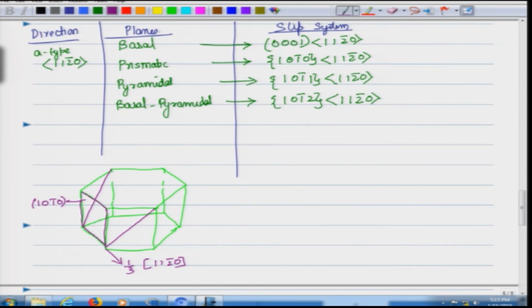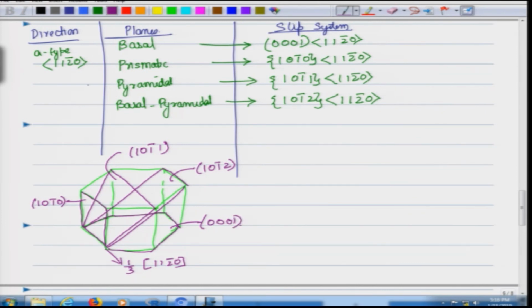So, this was the prismatic plane 1 0 bar 1 0, this is the pyramidal plane which is 1 0 bar 1 1. Then there is a basal pyramidal plane which can be represented like this, 1 0 bar 1 2, and of course, this is the basal plane which is 0 0 1.